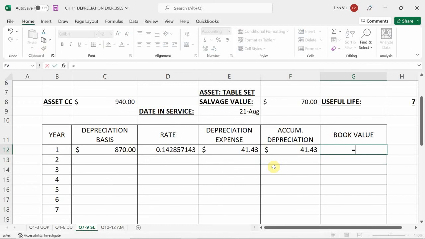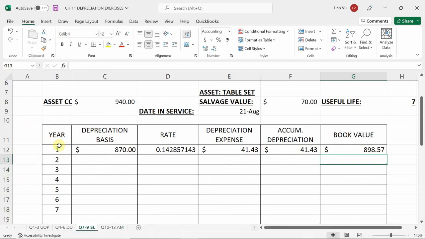So what's my book value going to be? $898.57. Good. Okay. So then year 2, what's my depreciation basis going to be?